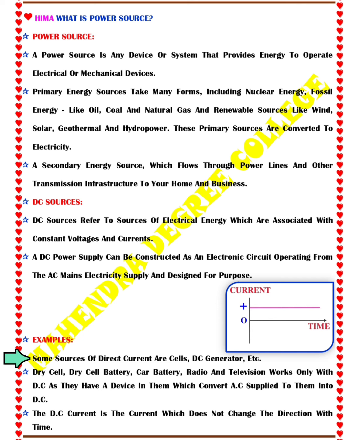Examples of some sources of direct current are cells, DC generators, etc. This introduces a list of items that provide direct current. Some sources of direct current refers to devices or components that produce DC electricity, electricity that flows in one direction.